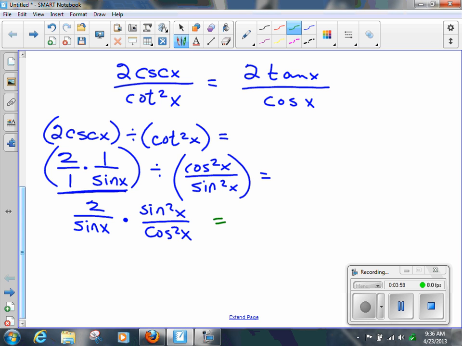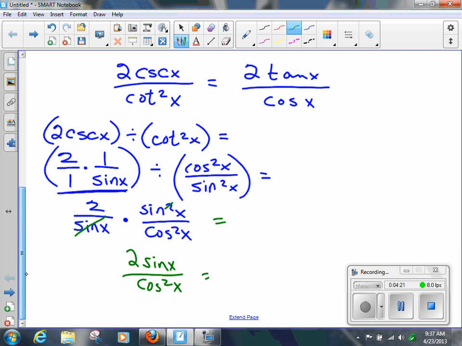What's going to happen there? Because I'm multiplying fractions, I can get rid of a sine here. I can get rid of one sine there. 2 sine x over cosine squared x. I'm getting closer. Because now I've got a cosine in the denominator. I've got a sine in the top.